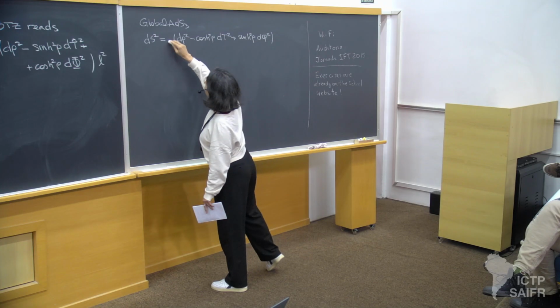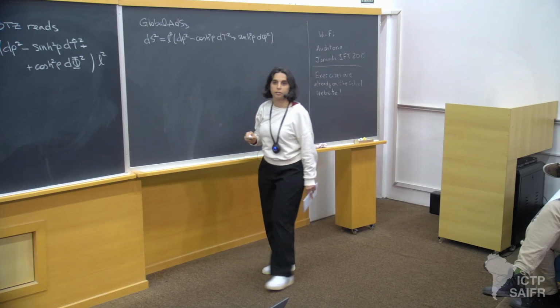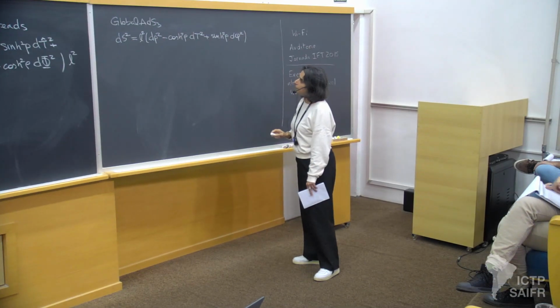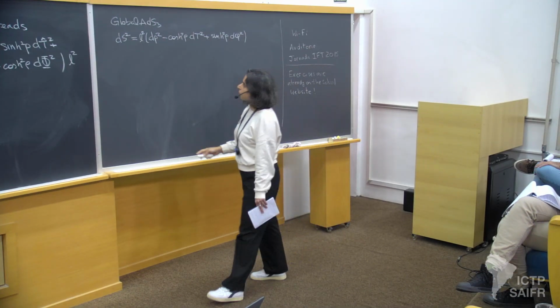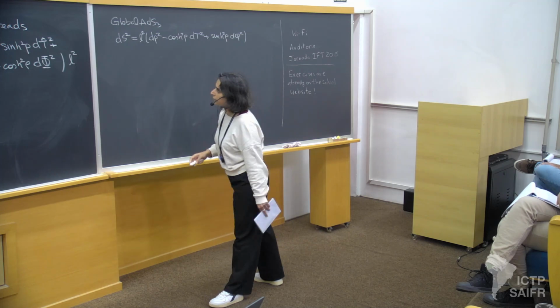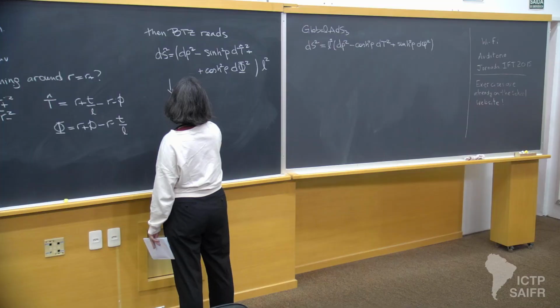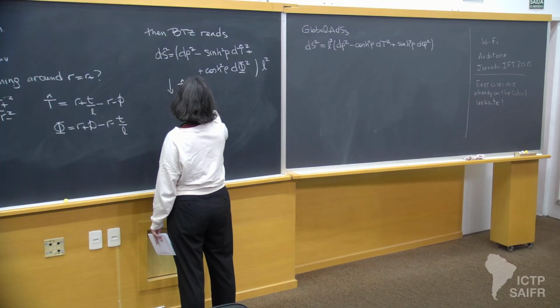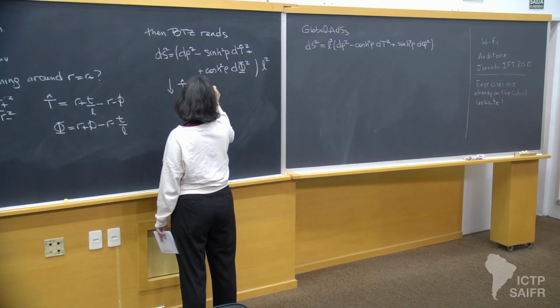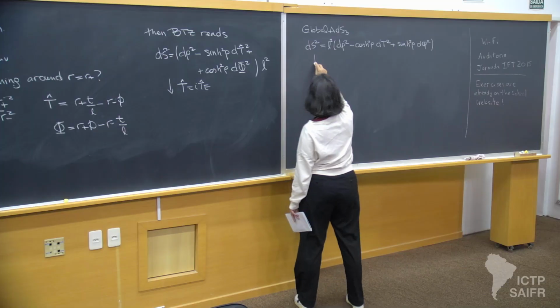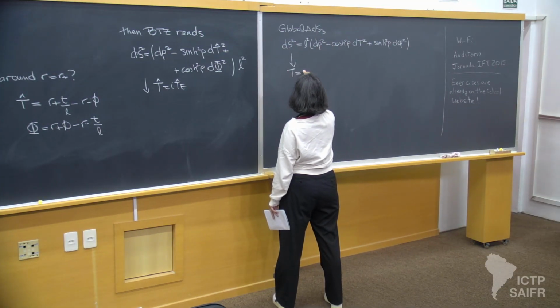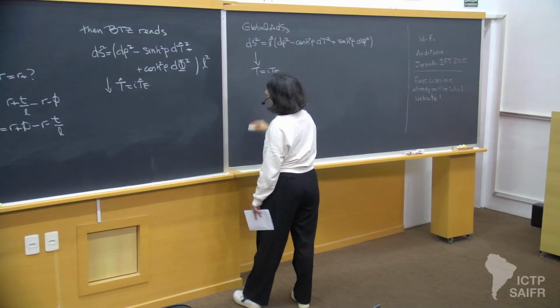And there was an overall factor of L squared in front. Okay? So that was global AdS. Now let's go to Euclidean. So let's take T to iT Euclidean.